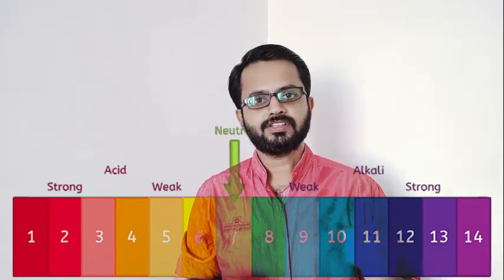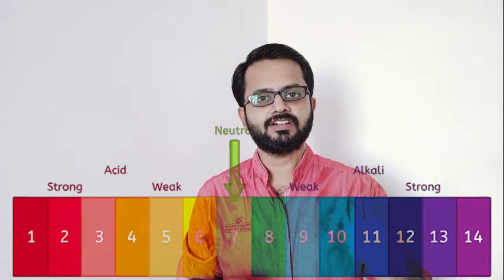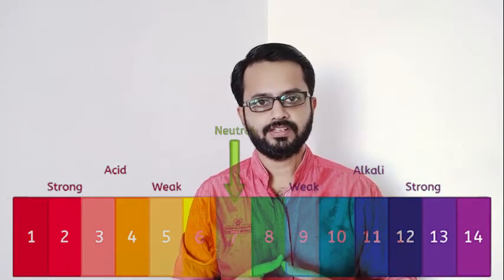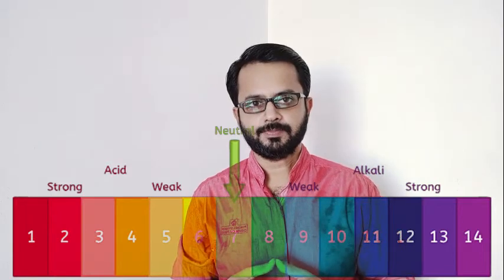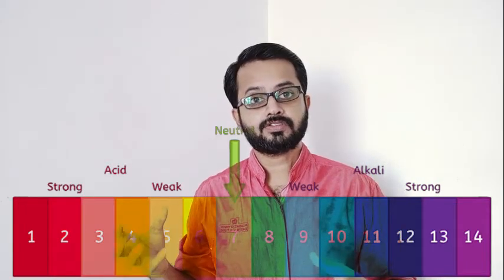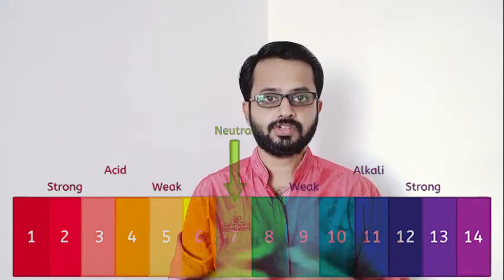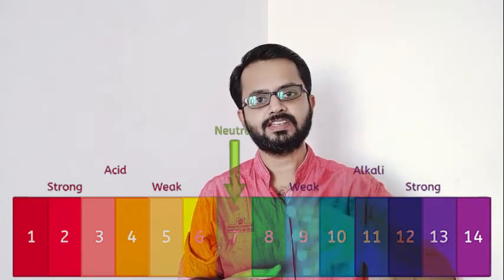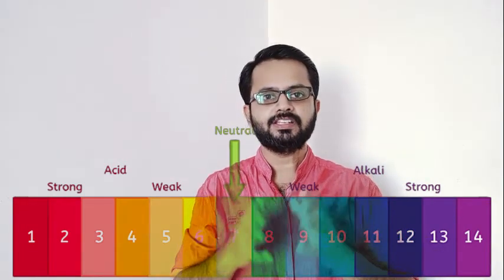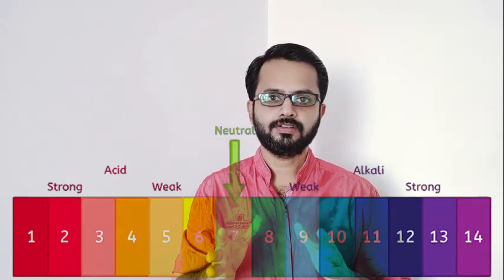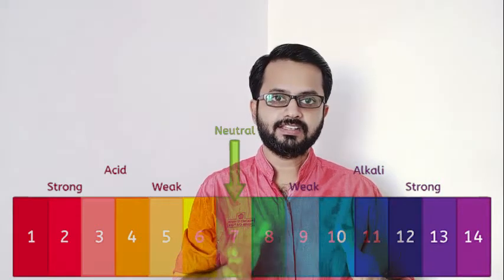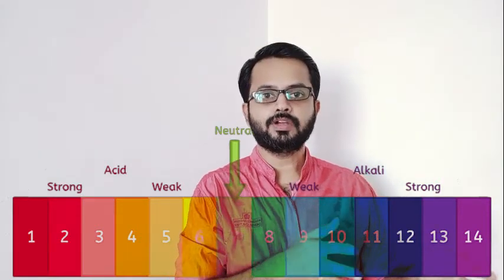So the color of the indicator in a weak acid will be different. Slightly orange color will be there. So red means strong acid. If it is neutral, if you add this universal indicator in water, the color will be green. That is neutral. And if it is alkali, the color will slowly change into blue.